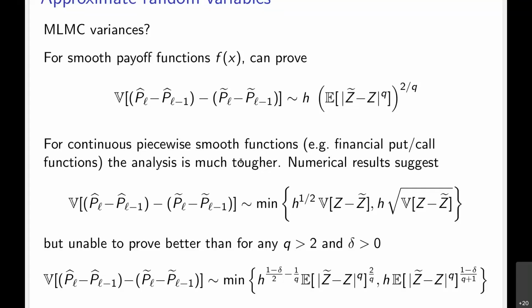But if it's something like a financial put-call option where it's continuous piecewise linear, the analysis ends up being a whole lot tougher. The numerical results suggest that expression. We end up being able to prove this rather complicated expression at the bottom. So let's not dwell on that.